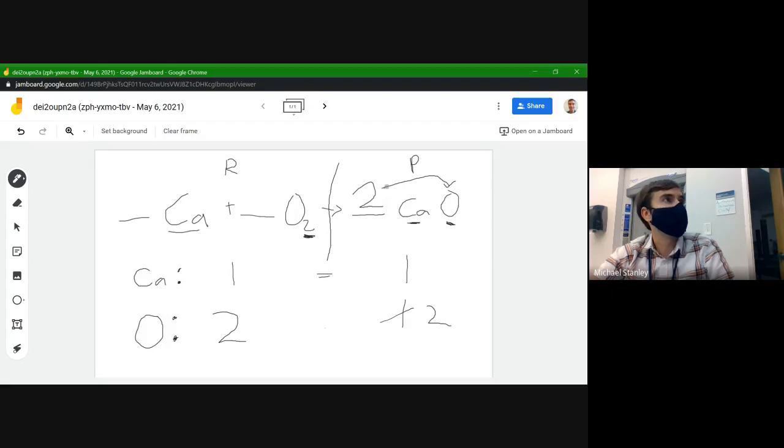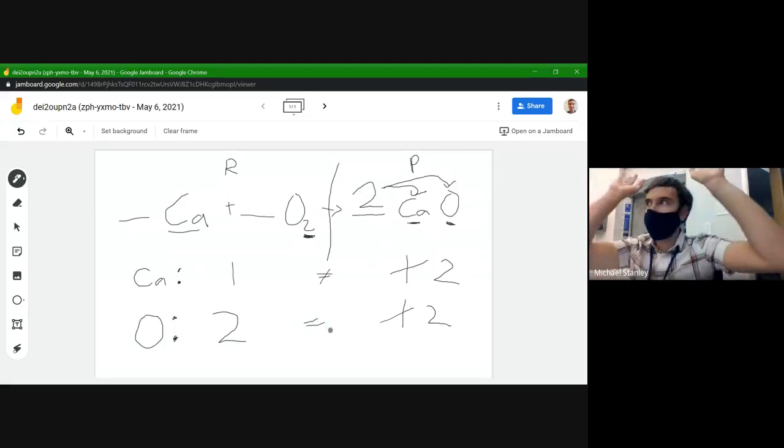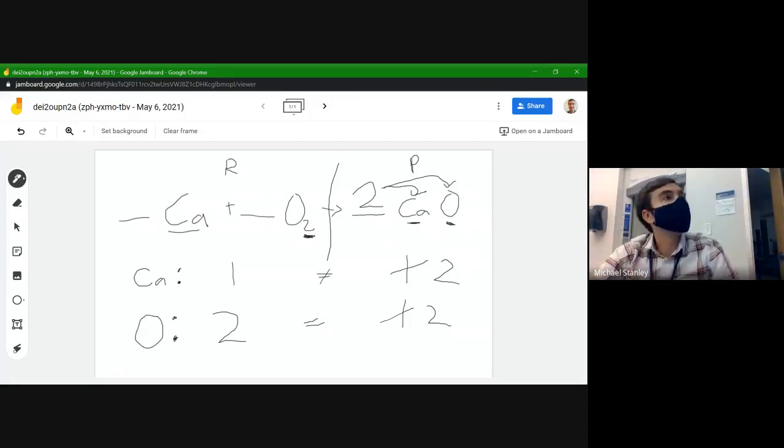But also, always remember that the 2 also counts towards the calcium, the Ca. So now we have 2 Ca's on the product side. So we made our oxygens equal. Yay, we did it. All 2. But our Ca's now are unbalanced. We have 1 on the reactant side, but thanks to this coefficient, we've got 2 on the product side.